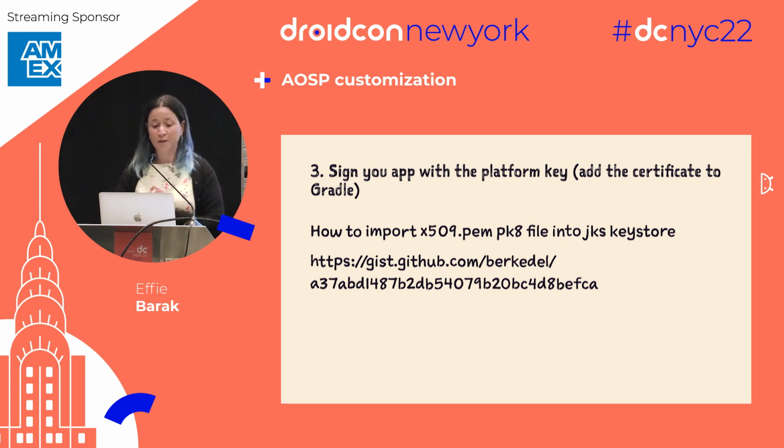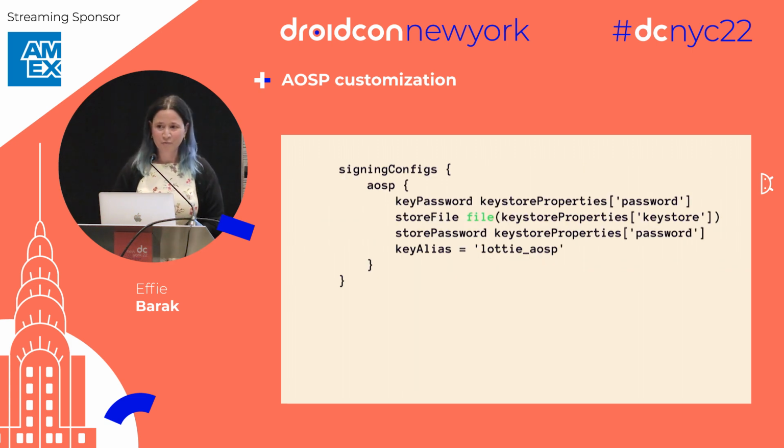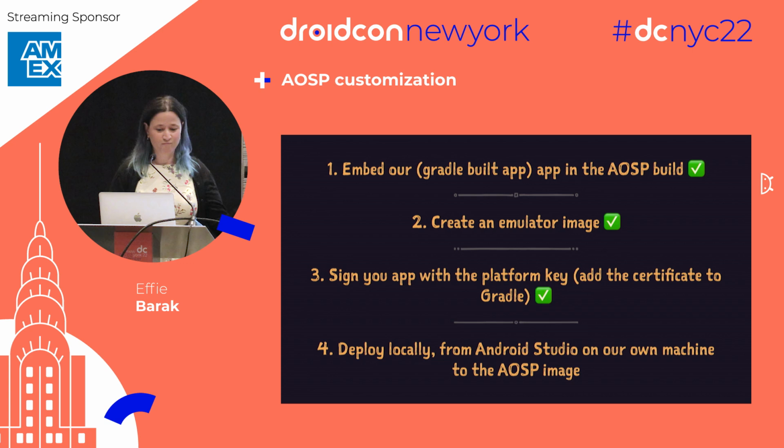So when you're ready to release, you'll need to create release keys for AOSP, but the testing keys are fine for debugging purposes, development, etc. And then you just add a signing config to your Gradle file, and magic. And now we have also signed your app with platform key working.